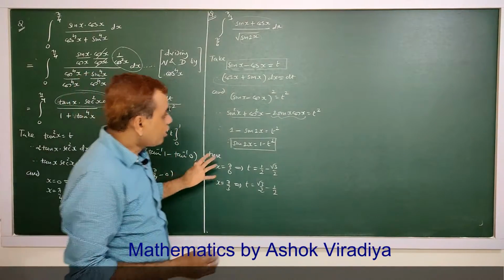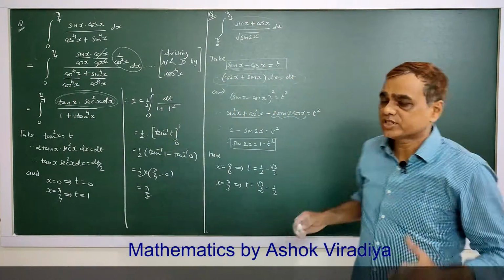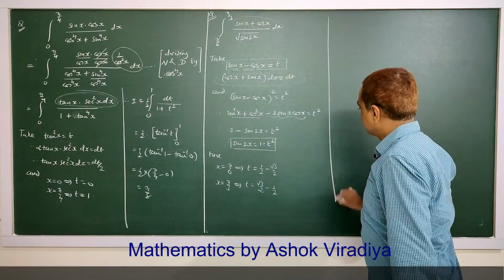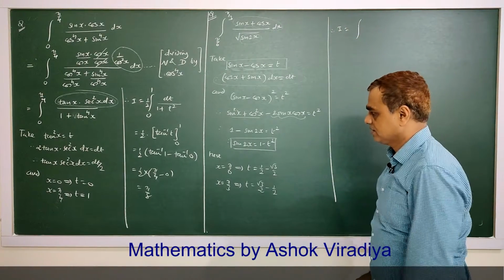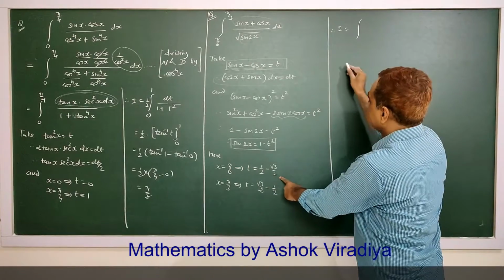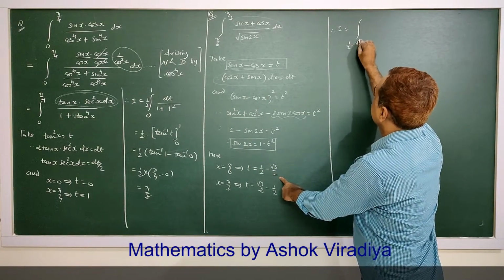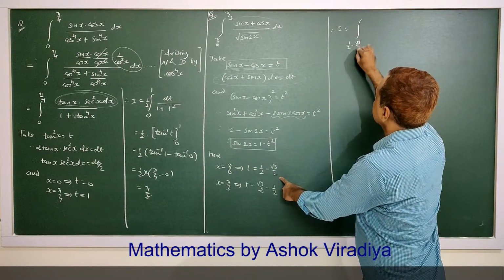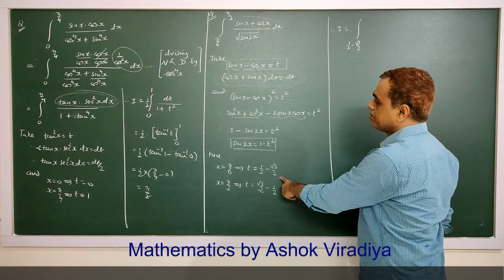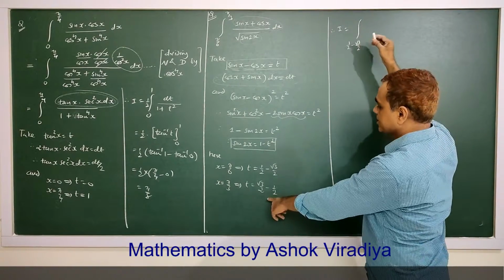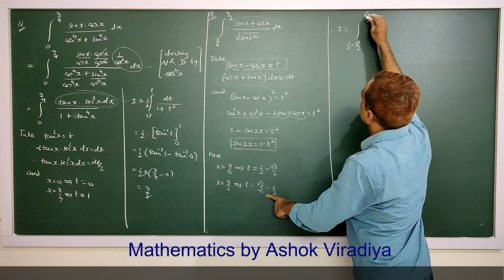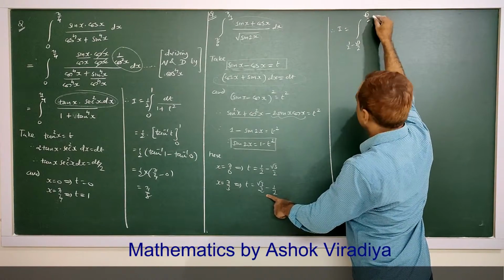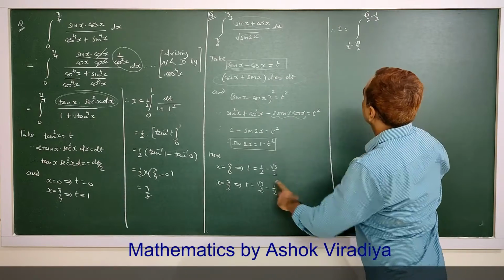Putting all these values in the question, the integral is: the lower limit pi by 6 is replaced by 1 by 2 minus root 3 by 2, and the upper limit pi by 3 is replaced by root 3 by 2 minus 1 by 2.